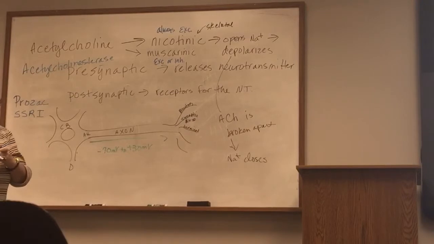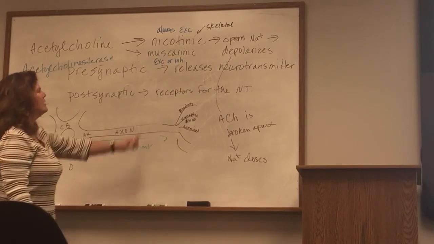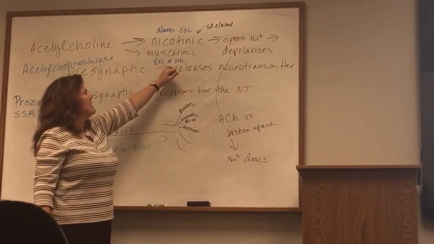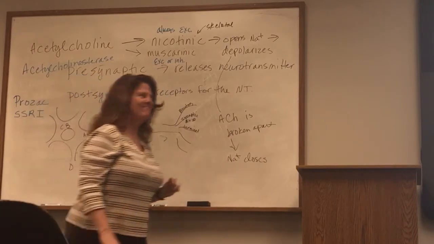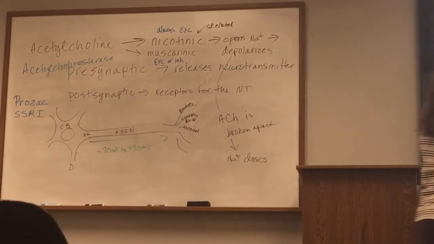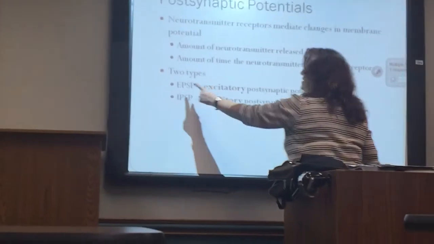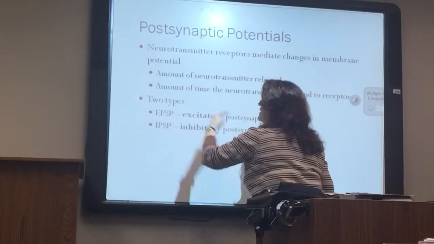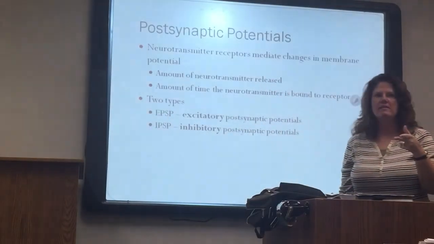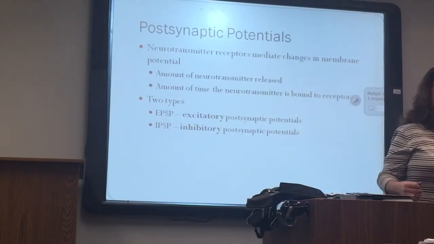And that's what makes chapter 9 hard. It's not just more neurotransmitters, it's different receptors that have different responses in different tissue. Slows down the heart, speeds up the gut. So that's what this is addressing. Excitatory postsynaptic potential. Is it going to depolarize or is it going to hyperpolarize?